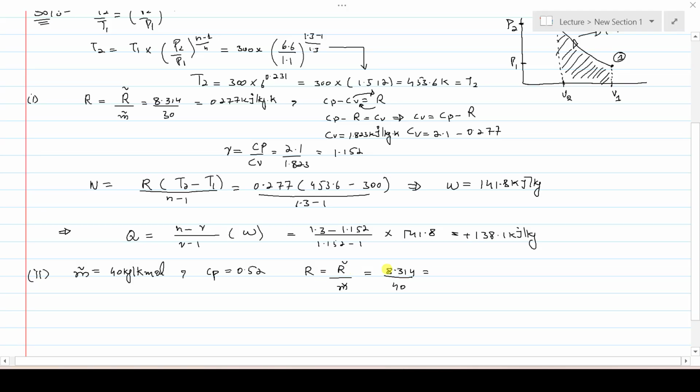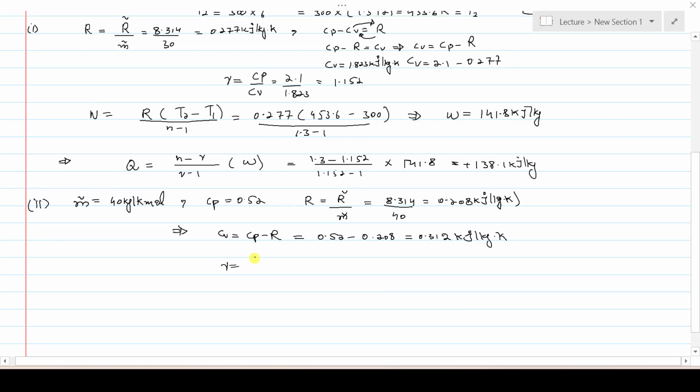It gives the gas constant as 0.208 kilojoule per kg Kelvin. Also Cv is equal to Cp minus R. Cp is 0.52 in this case and R is 0.208. After subtraction, you will get the Cv value, which is 0.312 kilojoule per kg Kelvin.